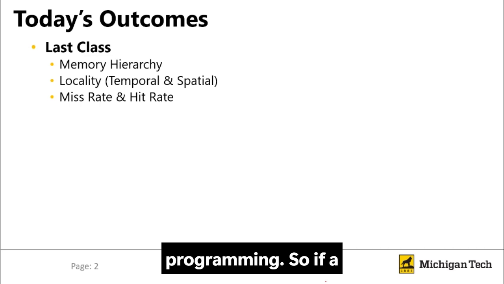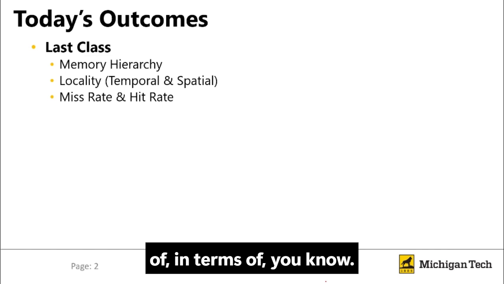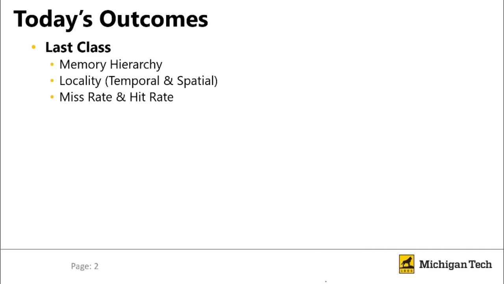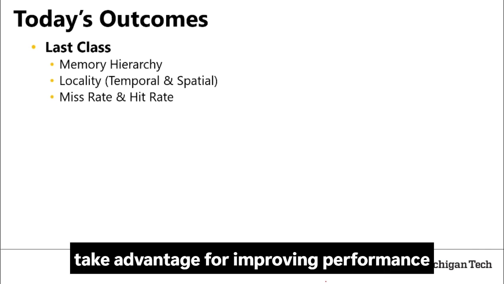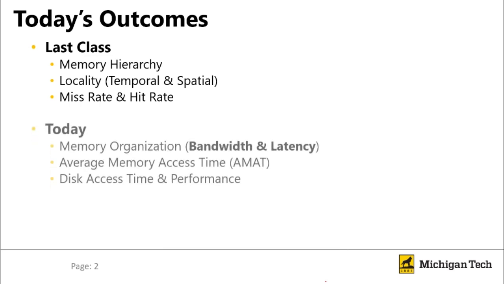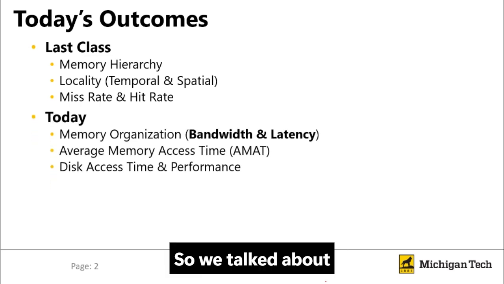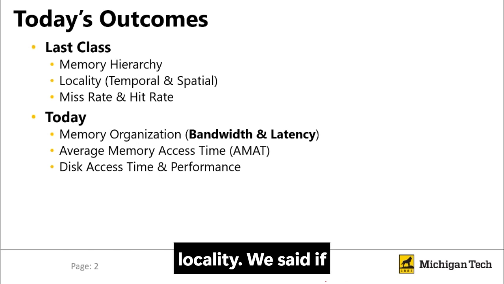So if a program is structured, it has some privilege in terms of the way that we can take advantage for improving performance, and that's coming from locality. We talked about temporal locality and spatial locality.